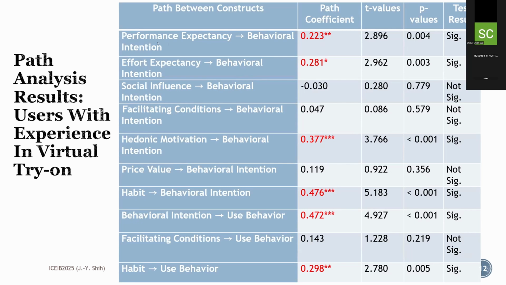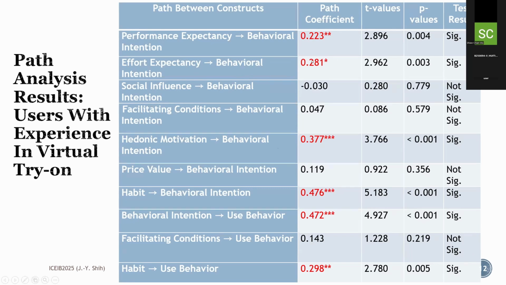Performance expectancy has a positive impact on behavior intention is significant, and the path coefficient is 0.223. As to effort expectancy, it also has a positive impact on behavior intention.